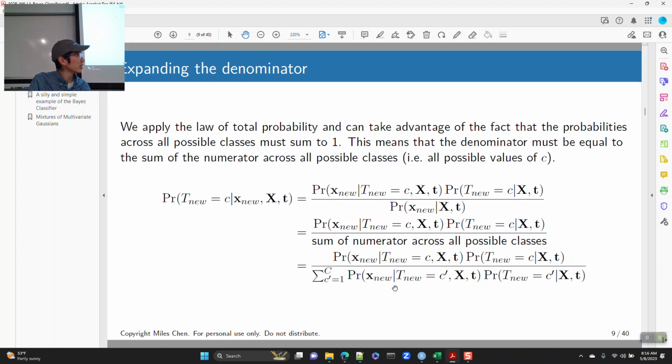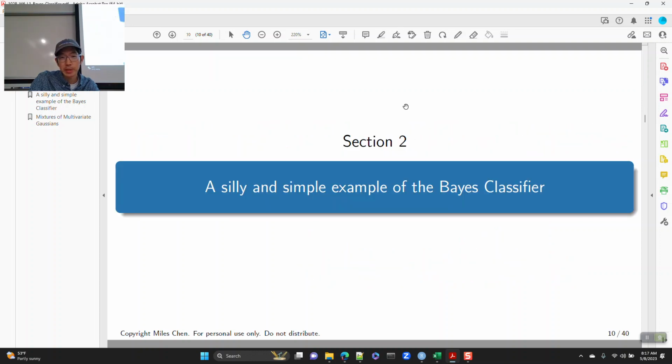What's the probability of getting our X value if we belong to class 1? What's the probability of getting these X values if we're in class 2? What's the probability of getting our X values if we belong to class 3? And so on and so forth, and we add them all up. So we go through all the possible values of C prime from 1 to big C, and we add this up. We're going to expand our denominator that way.